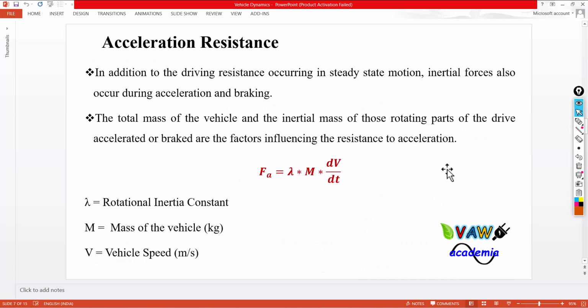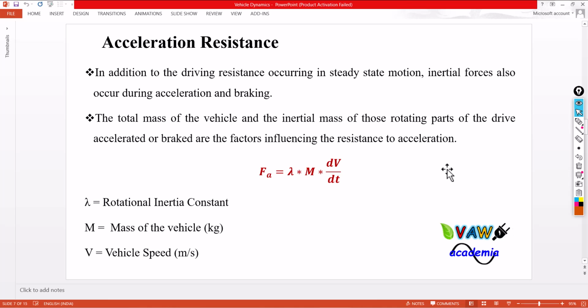The fourth equation is acceleration resistance. In addition to the driving resistance occurring in steady state motion, inertial forces also occur during acceleration and braking. Normally, this acceleration resistance is higher in conventional vehicles because the number of moving parts in a conventional vehicle is very high compared to an electric vehicle.